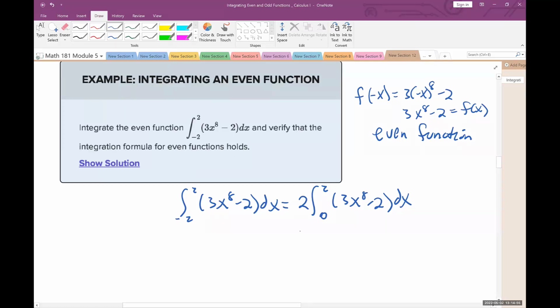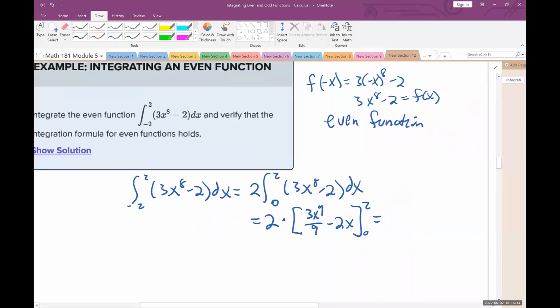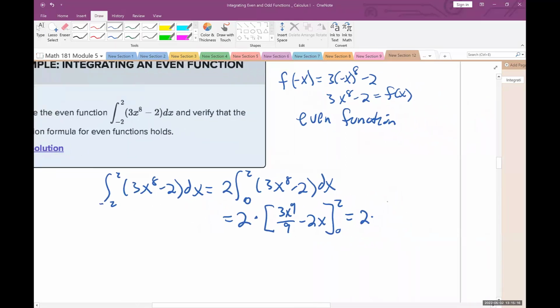And what would this integral be? What's the antiderivative of 3x to the 8th? 3x to the 9th divided by 9, minus 2x. So 3x to the ninth over 9 reduces to x to the ninth over 3 minus 2x.